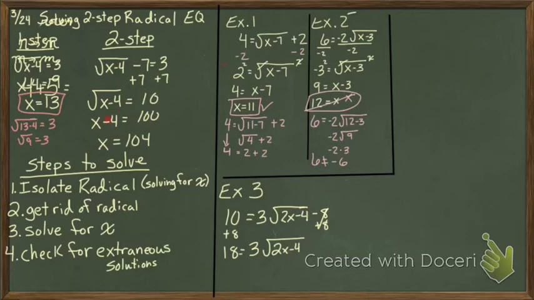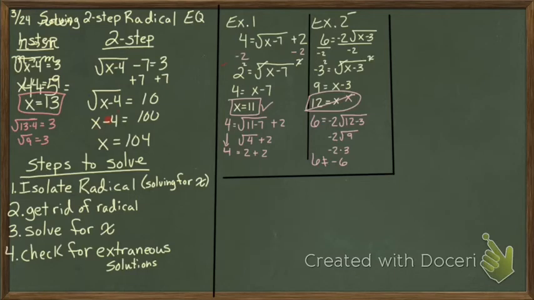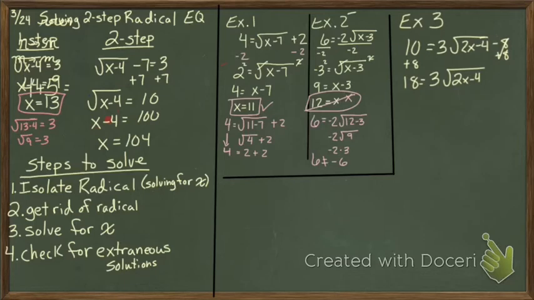And give me just a second, I'm going to move this work to a different spot where I'll have more room to work. There we go. So now I'm going to divide by that 3.